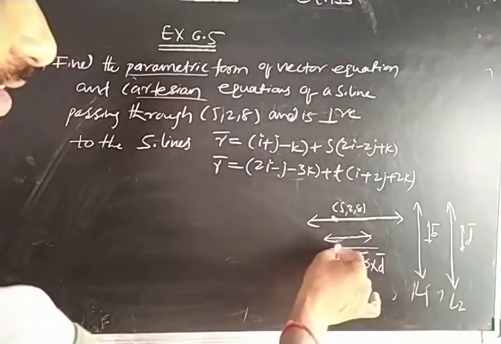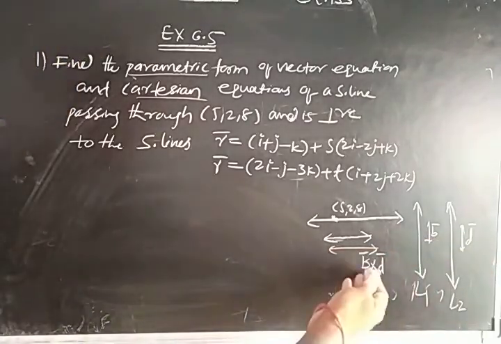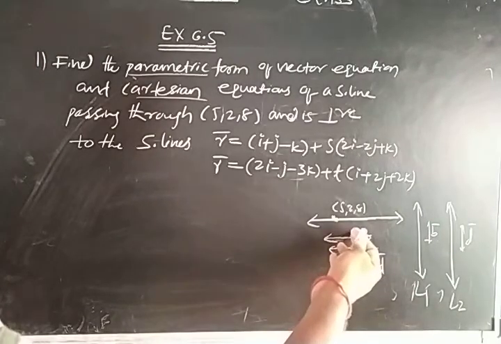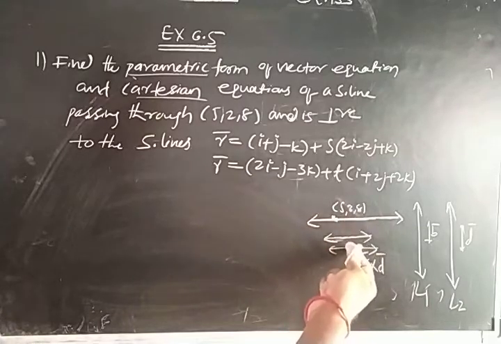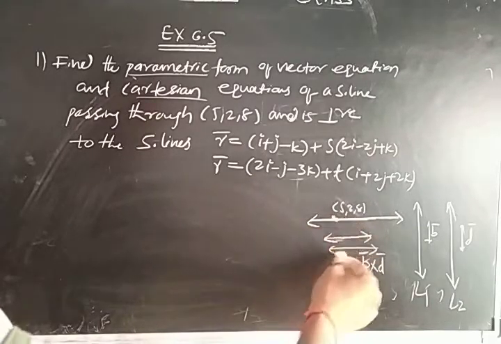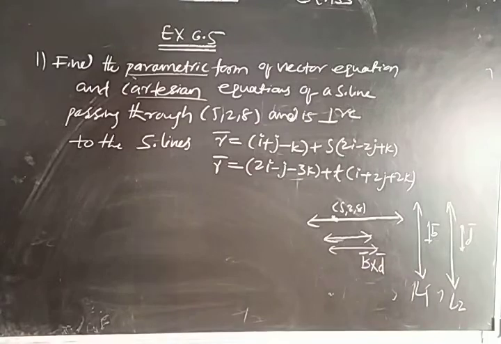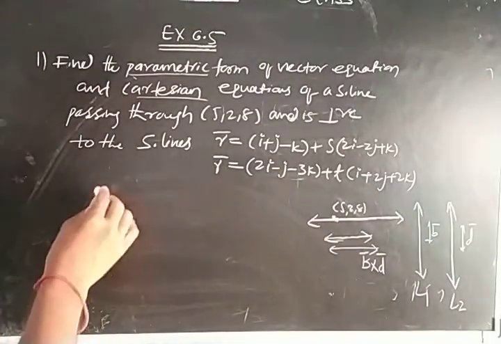So B bar cross D bar is parallel to the required line. So we have the point, we have the vector parallel to this line. We can find the equation of the straight line. Understand? Right. Now solution.